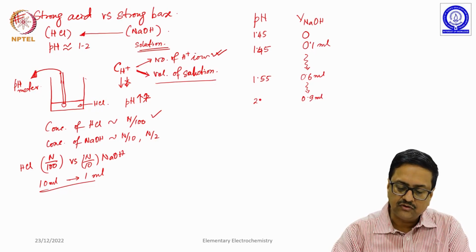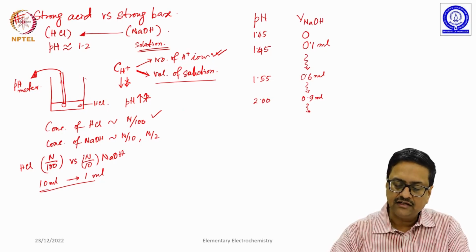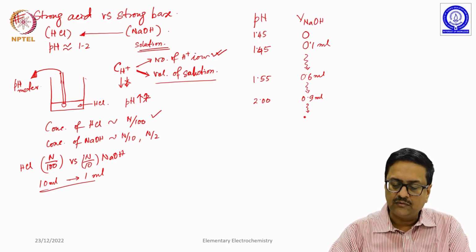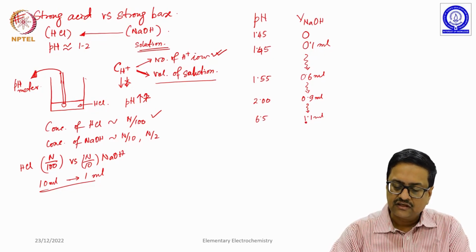it has gone to about 2.00, and then on further increase to about say 1.1 ml, you may see the pH has increased to 6.5.